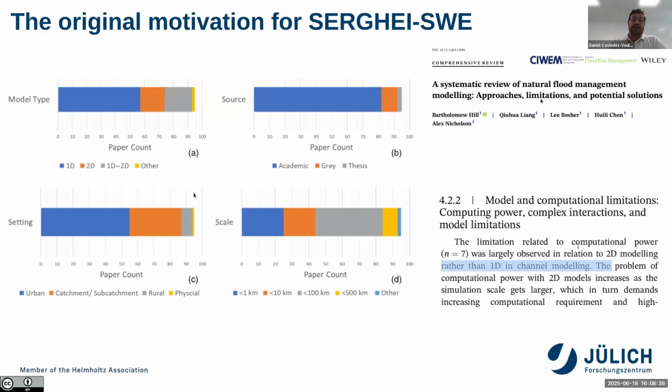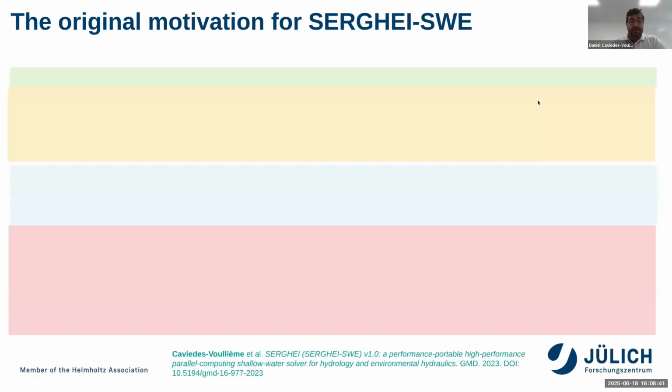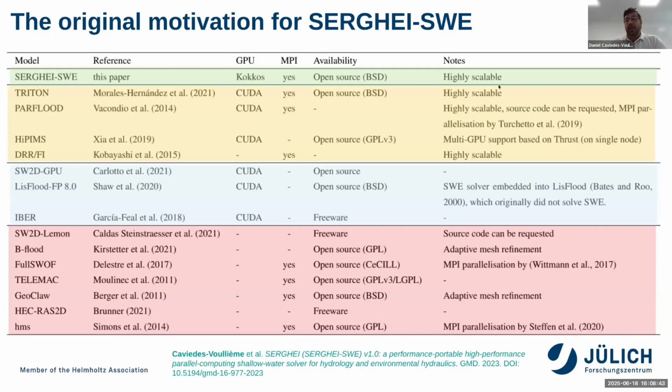And of course, part of it is availability. So if we take a look at what was available back in 2019, 2020, 2021, in terms of open sourced or at least freeware solvers, which have not been traditionally the case in this community, we actually see that there's a lot of software available.